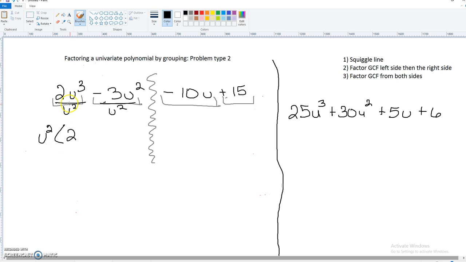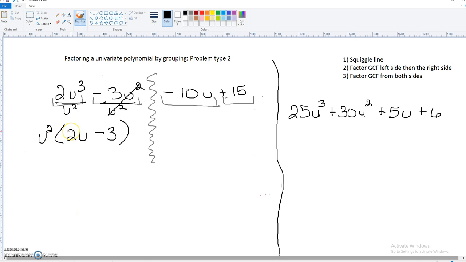Which leaves us 2, and then 3 minus 2 gives us just a u. -3 divided by 1 is 3. And 2 minus 2, of course, these cancel. Okay, so we have factored the left side.